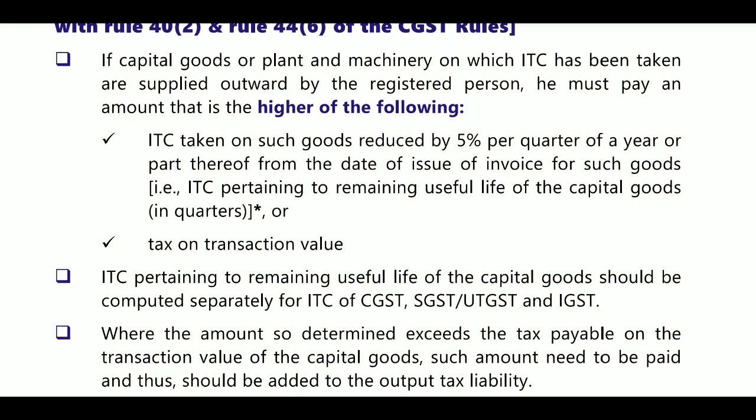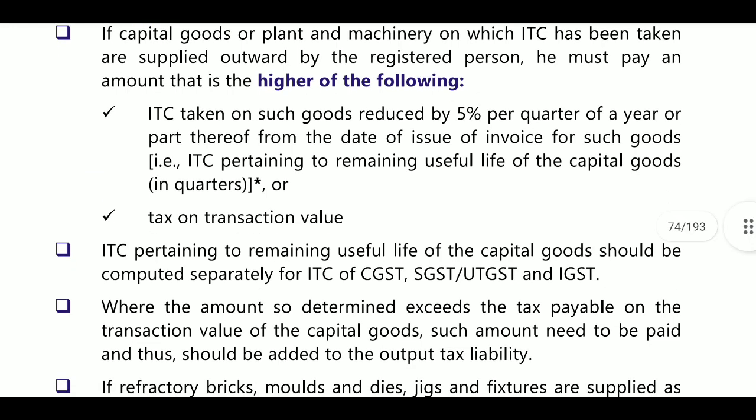But in case of supply of capital goods or plant and machinery, the higher of these amounts applies: the ITC taken on such goods reduced by 5% per quarter of a year or part thereof from the date of issuance of invoice, so you should consider and reduce 5% for every quarter, that is the ITC pertaining to the remaining useful life, or the tax on the transaction value. What is the transaction value as on date? Use the tax rate and multiply it, and whichever is higher will be considered for reversal.